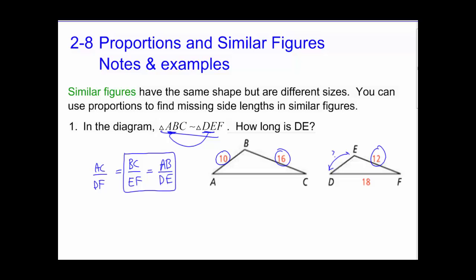So if we plug the numbers into the corresponding sides, BC is 16, EF is 12, that should be equal to 10 over the length DE.